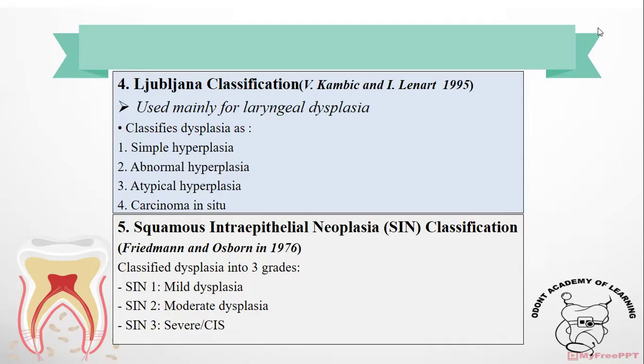They classify dysplasia as simple hyperplasia, abnormal hyperplasia, atypical hyperplasia, and carcinoma in situ. When we say simple, it means the cells are abnormally increasing in number. There are two terms, abnormal and atypical. Abnormal hyperplasia means the cells which are increasing in number look like normal cells, but they are increasing in number.